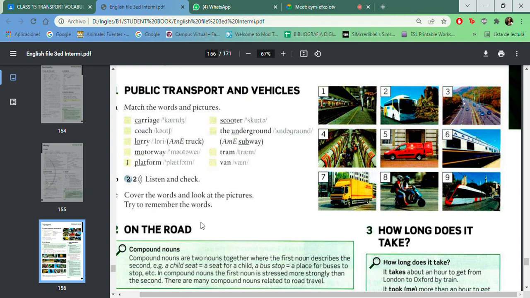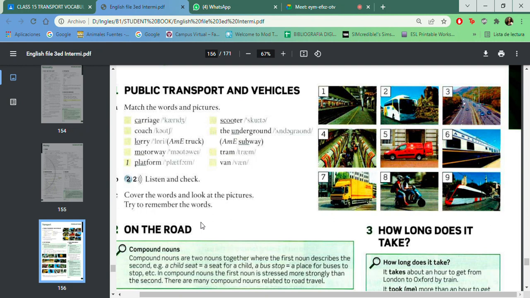Very good. Then we have coach is number 2. Number 2, yes. And truck. Lorry is number 7. Good. Then we have platform. Number 1. Because there is a number there.